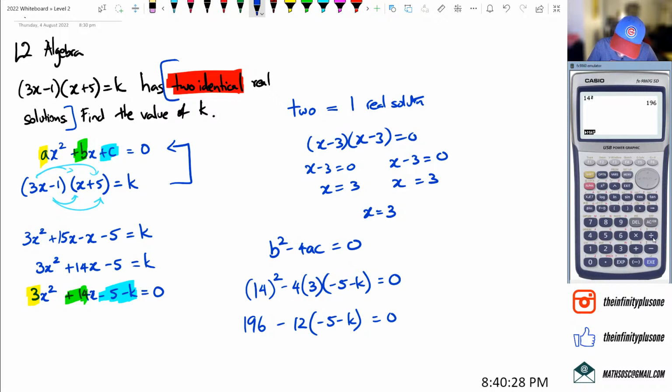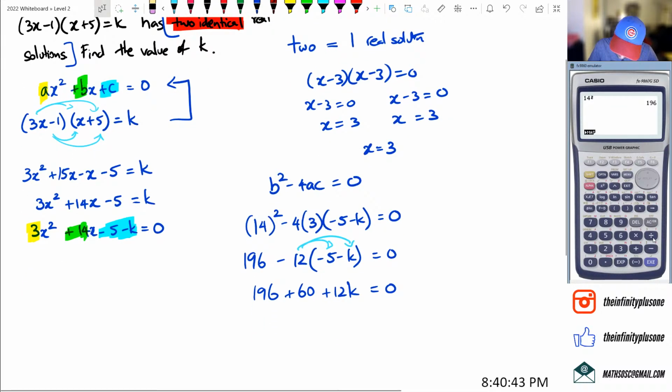I'm going to expand the brackets here, negative 12 times negative 5, and I'm going to end up with plus 60 plus 12k is equal to 0. So 196 and 60 is 256, plus 12k equals 0.